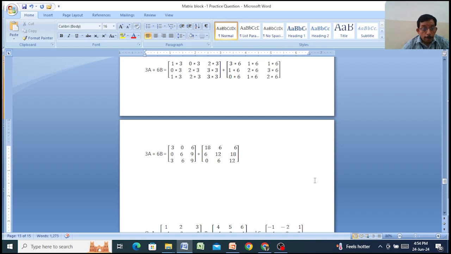Now add the two given matrices by the addition method. The order of the matrices is the same. Then the corresponding elements of both matrices are added in the next step.